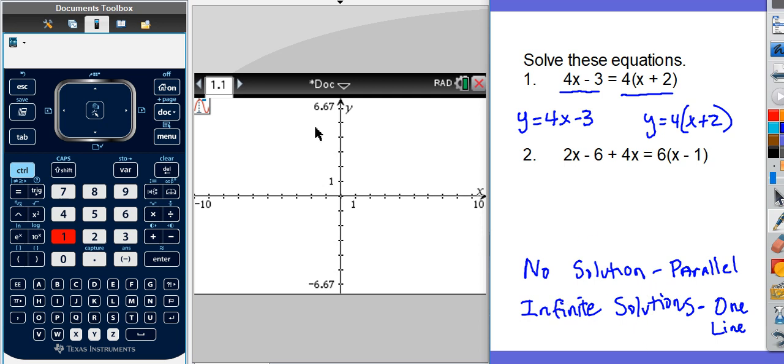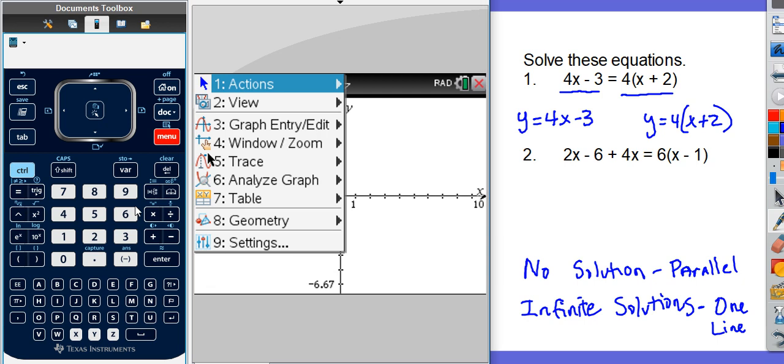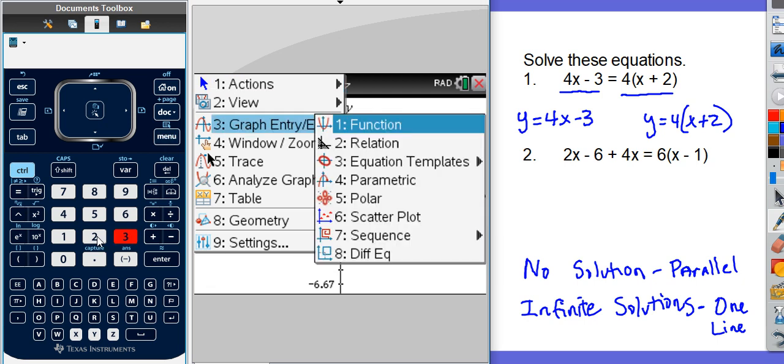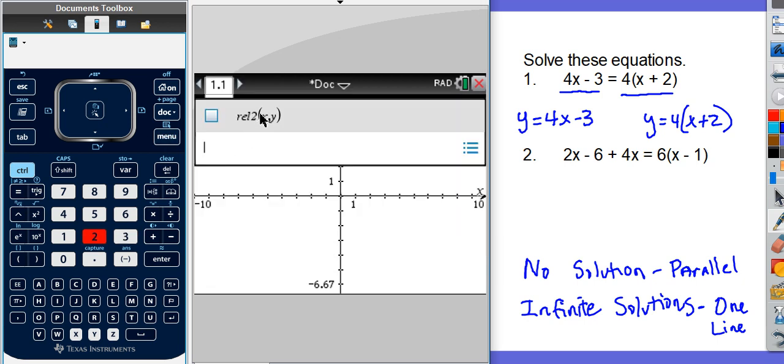So what we're going to do is we're going to go back to our calculator. Now we're already in relation. And so we're going to hit menu 3, 2 again, and it's just going to pop it up and allow us to type in another relation. And so we'll type in our y equals 4x minus 3.